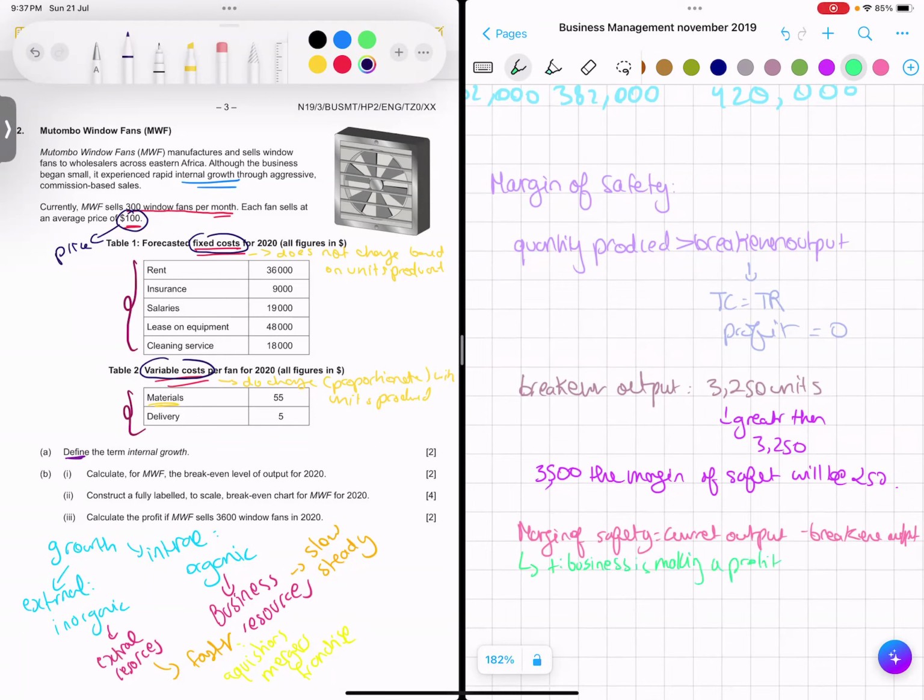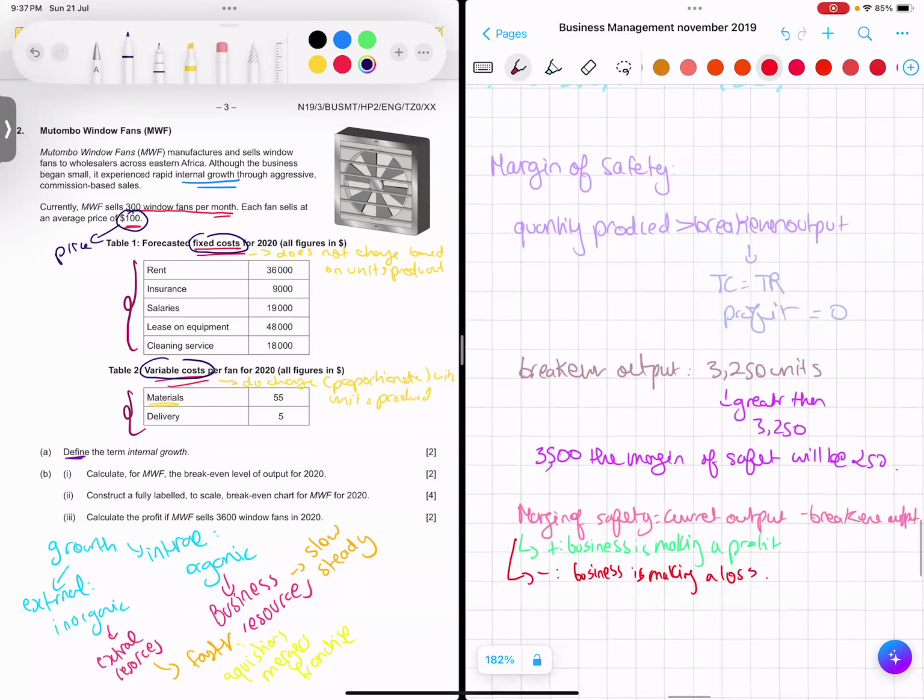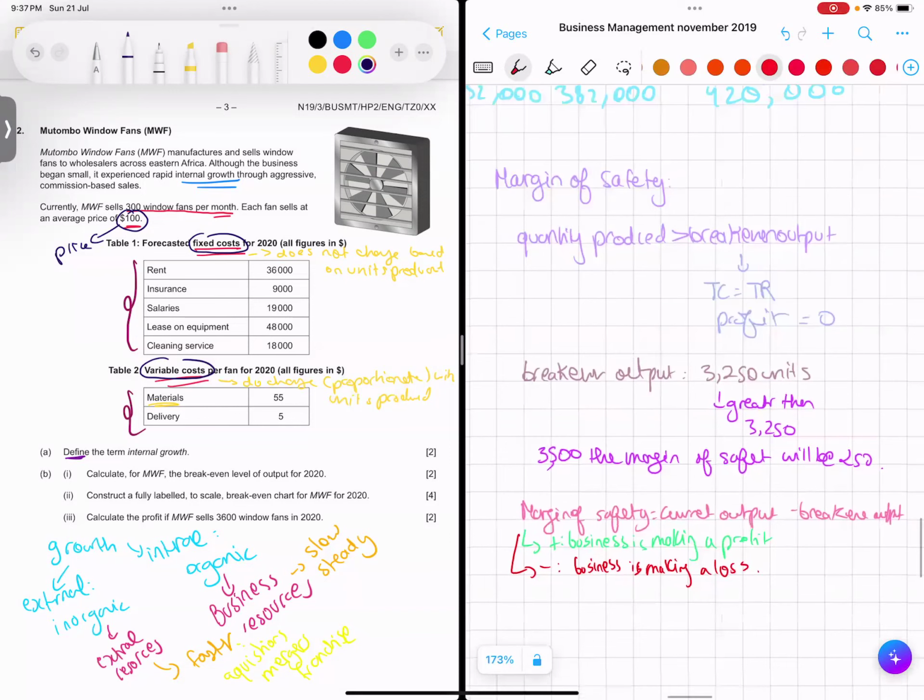When it is negative, the business is making a loss. Okay, so this is it, guys. This is the lesson for margin of safety.